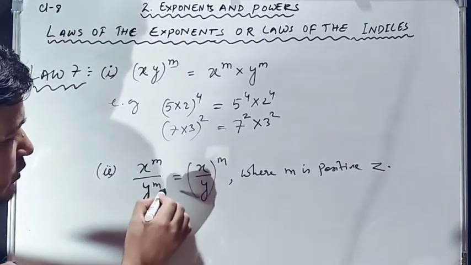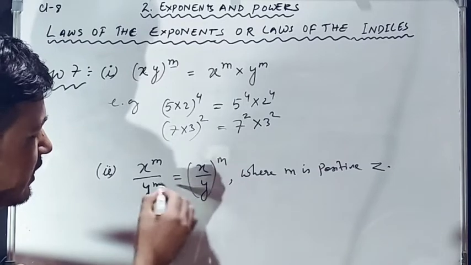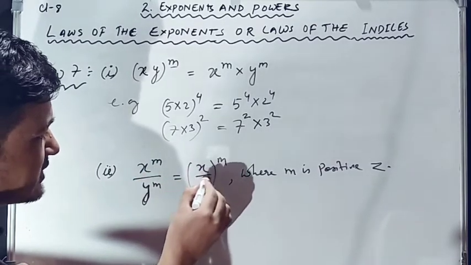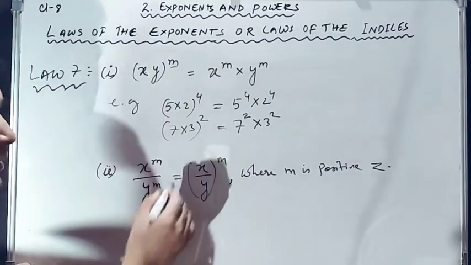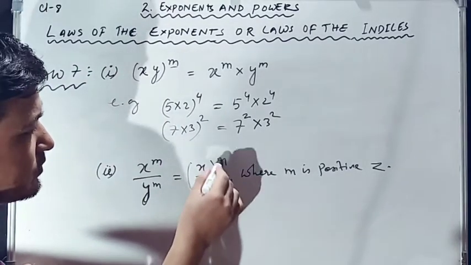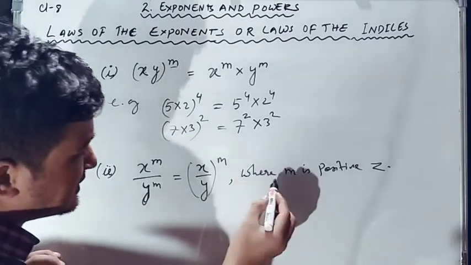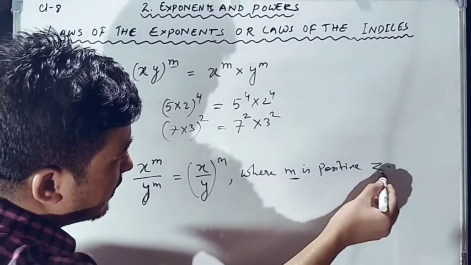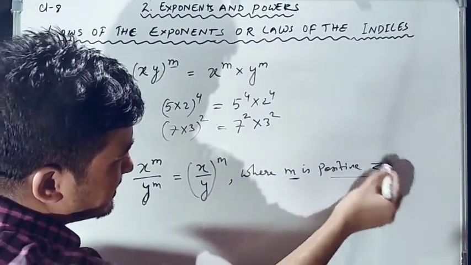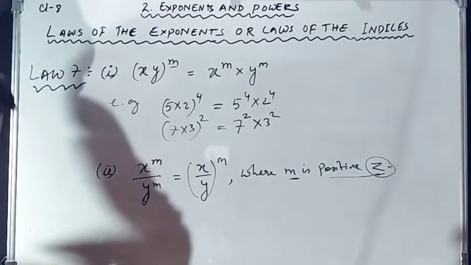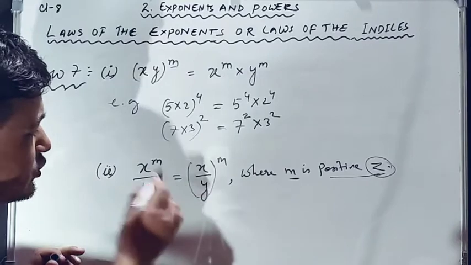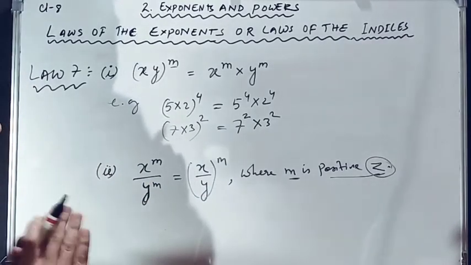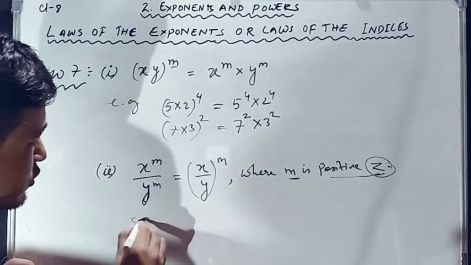So in this case we can take this power as a whole. x by y whole raised to the power m. But the condition is that m should be a positive integer. Z means integer, right? The symbol of integer is Z, but this m should be a positive number. Example, I will show you.